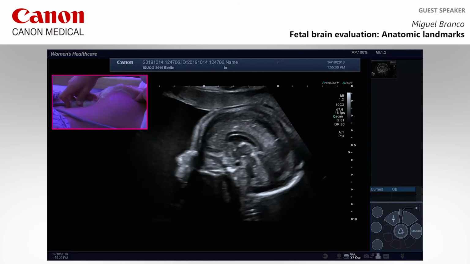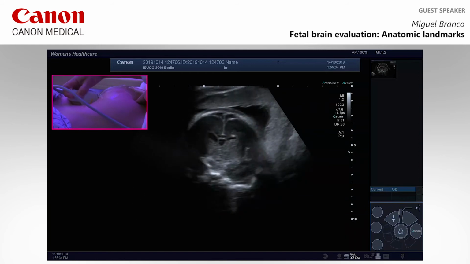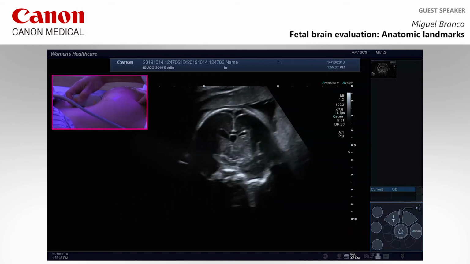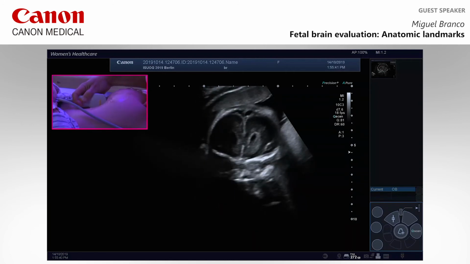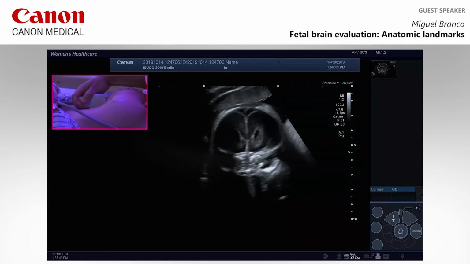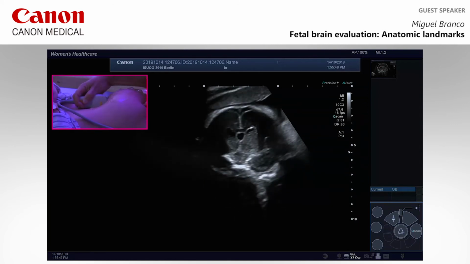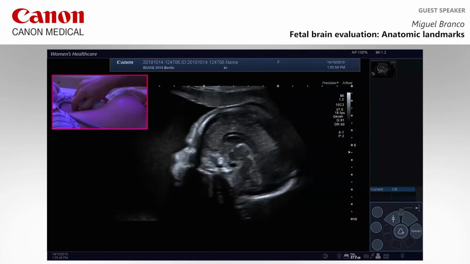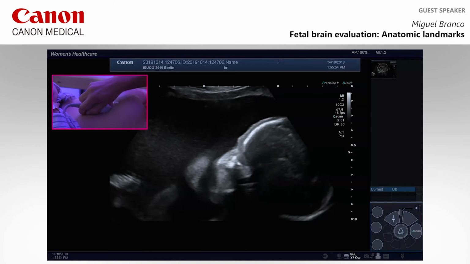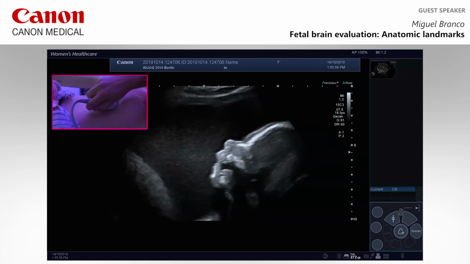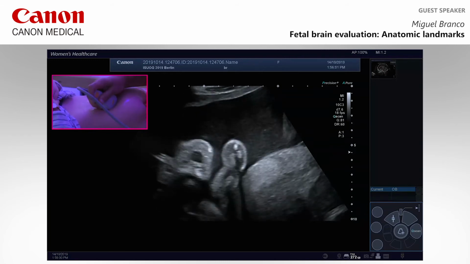From this point, if you turn 90 degrees the probe, we'll obtain the coronal evaluation, and we go up and down. We turn 90 degrees, we return to sagittal evaluation. We go to profile. 90 degrees, we will obtain both eyes.